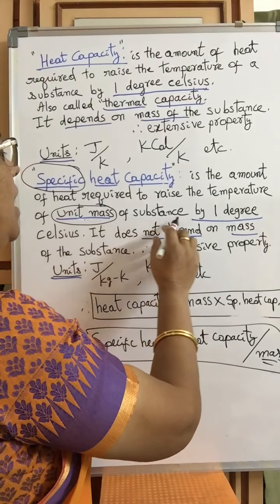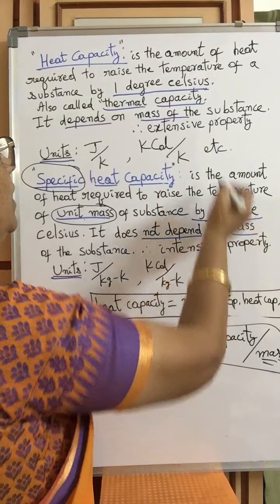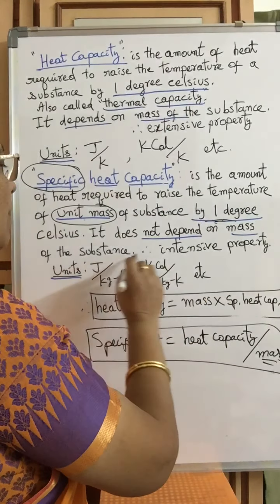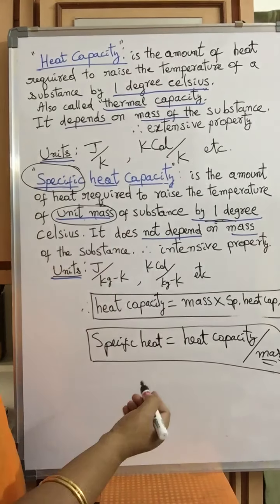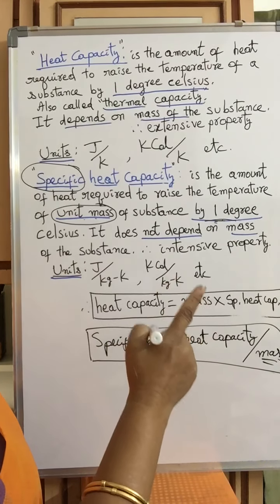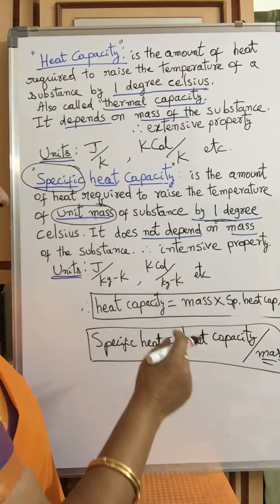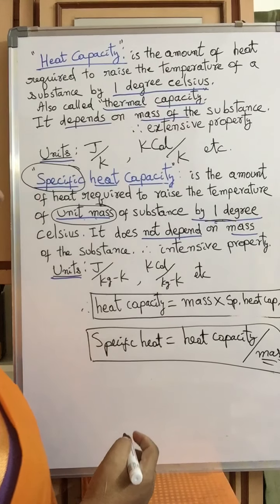So unit mass of the substance by 1 degree. Here also 1 degree only. Because it is independent of mass, then per kg we are saying, no? So per kg or per gram. So it doesn't depend upon the mass.